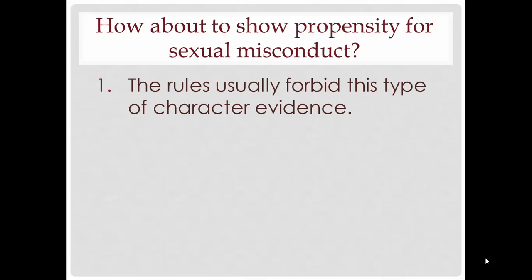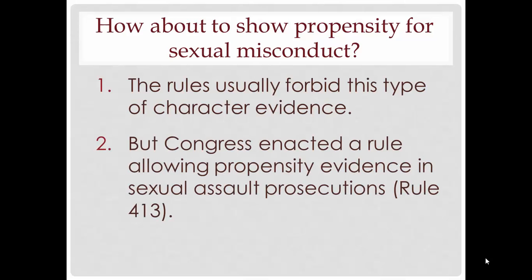First, we know that the rules generally forbid that type of evidence, and a judge would acknowledge that in ruling on this motion. Congress, however, enacted a set of rules allowing propensity evidence in cases of sexual assault or child molestation. In this case, you would focus on the rule allowing propensity evidence in sexual assault prosecutions, which is Rule 413, because the current charge and prior conviction both fall in that category.